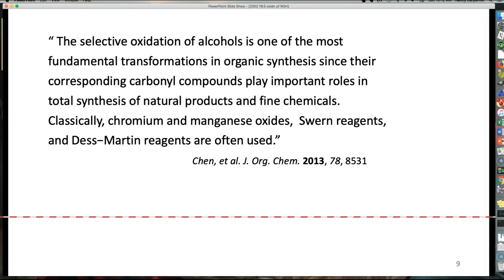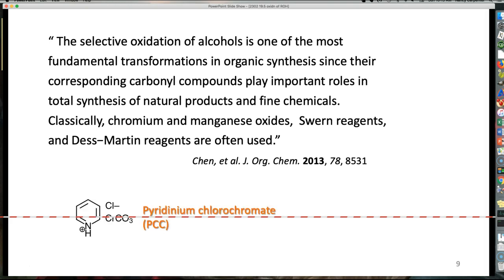The chromium reagent the book goes into, PCC, is one of the ones most often used, but I'm going to introduce some others that help us do what we need to do as chemists and avoid the use of environmentally ghastly and terribly toxic reagents to come up with a more green and sustainable way of carrying out the reactions we need to carry out.